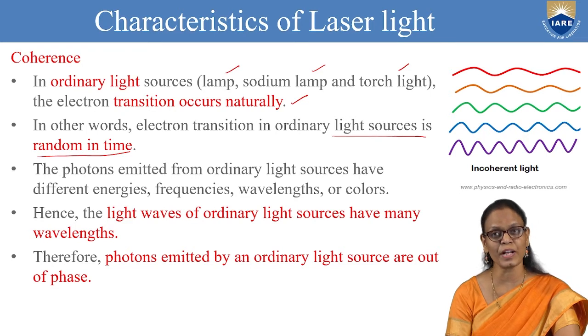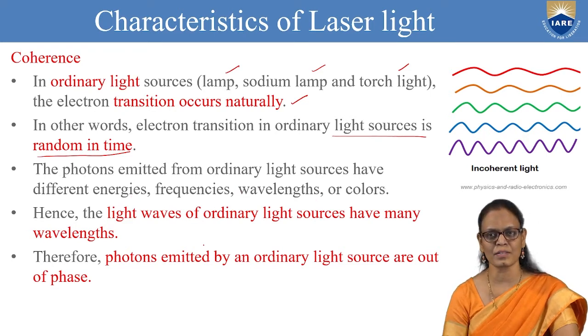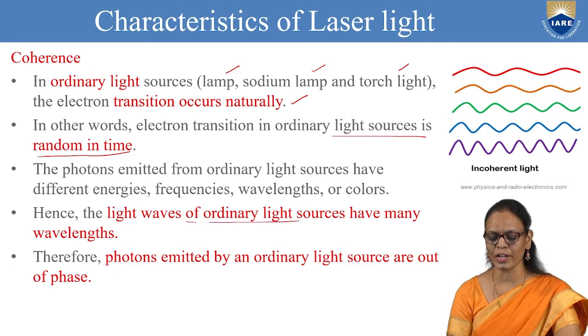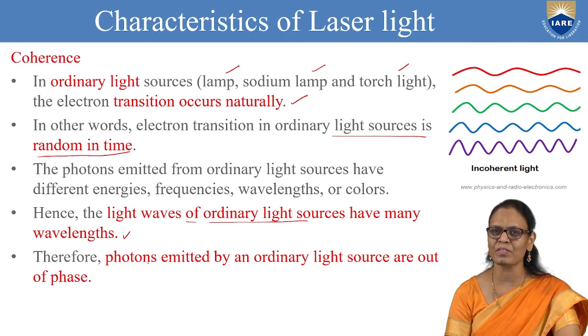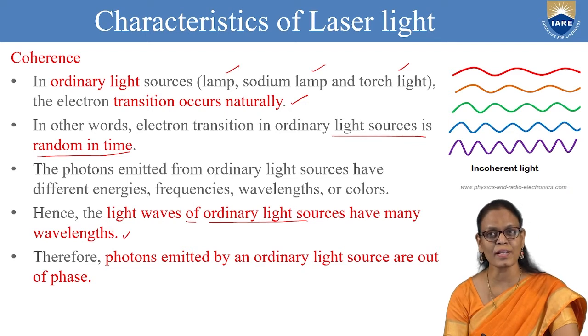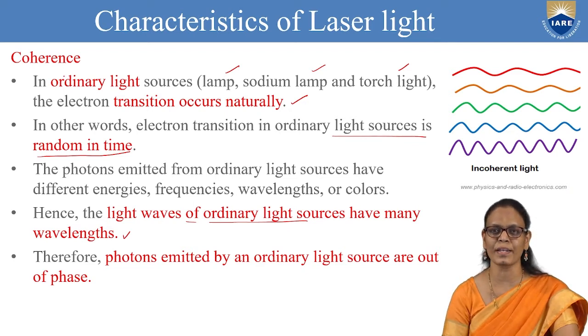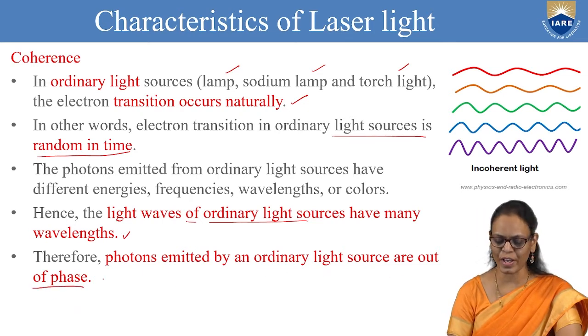So the light waves of ordinary light sources have many wavelengths. We have already discussed it. So what we are trying to understand is how the laser light is different from ordinary light with respect to coherence. The photons that are emitted by an ordinary light source are out of phase.